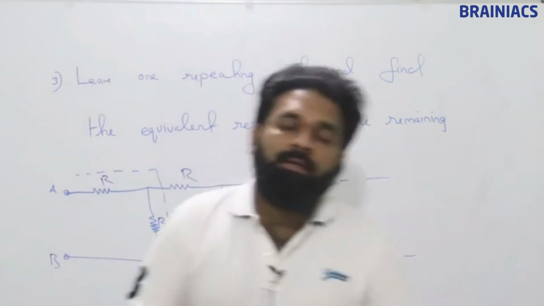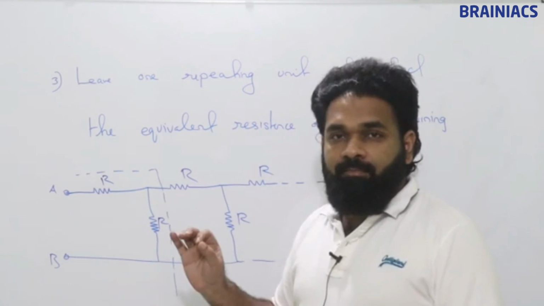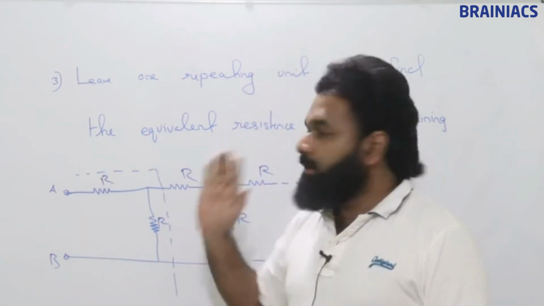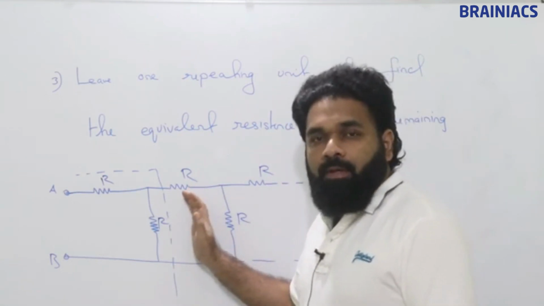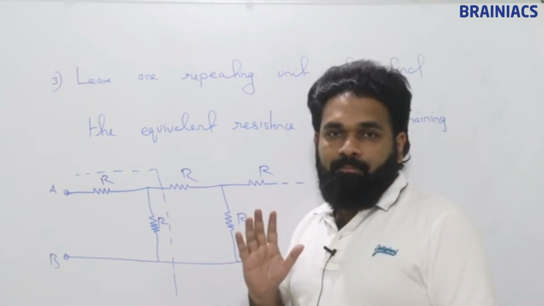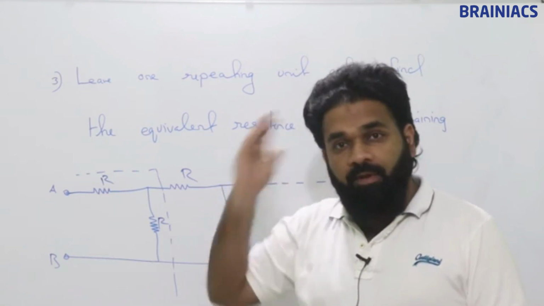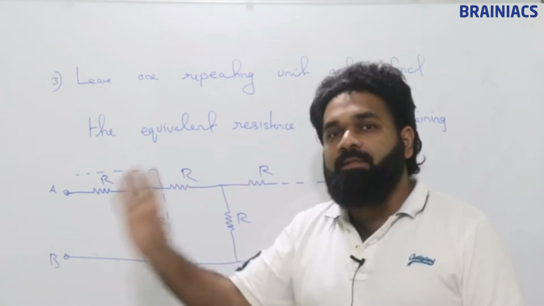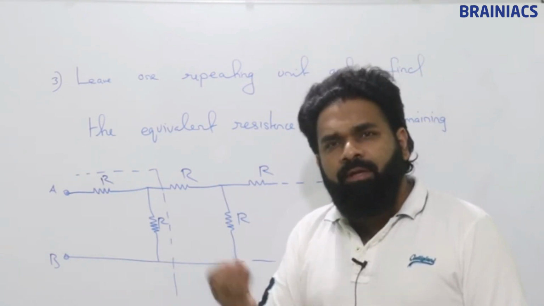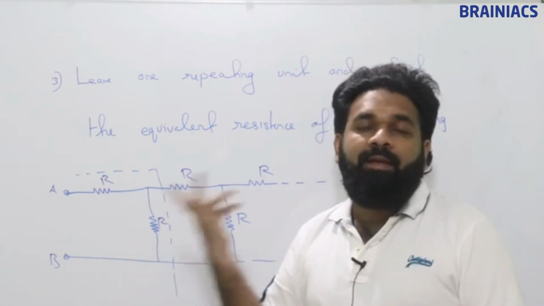Now if the resistance of the infinite network is X, even if we leave one repeating unit, the resistance of the remaining part is going to be X. Correct or what? Because infinite resistances are connected, its equivalent resistance is given as X. So even if we drop one repeating unit, what difference is it going to make to that X?